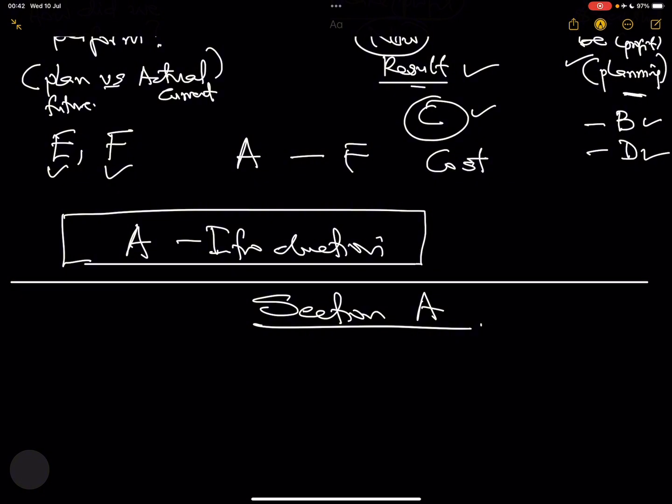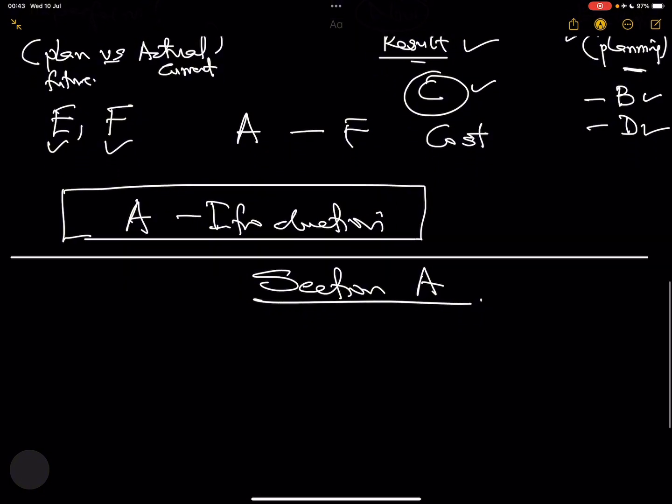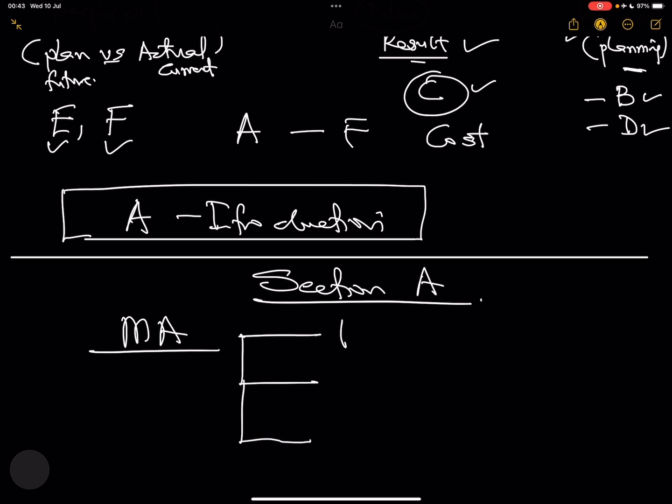Like I've told you, as a management accountant, you are producing information for internal use. And that information is used for three things, which you must know. It's used for planning. Remember we spoke about planning.